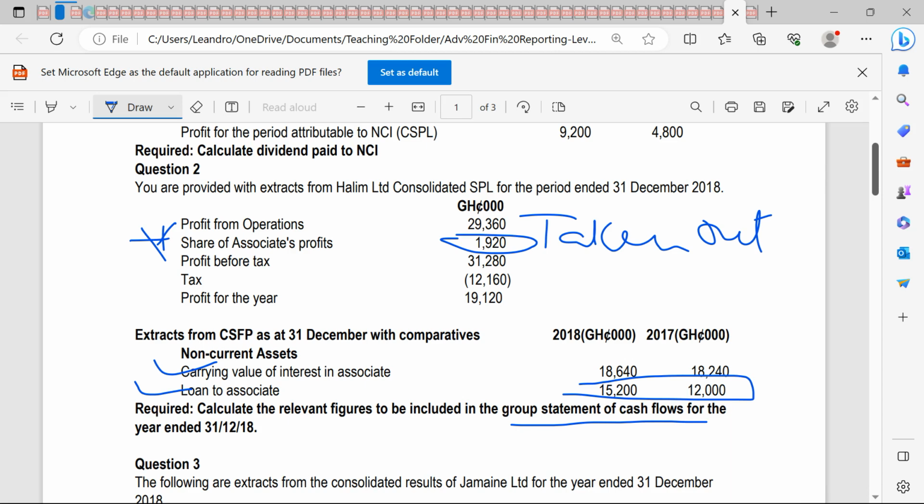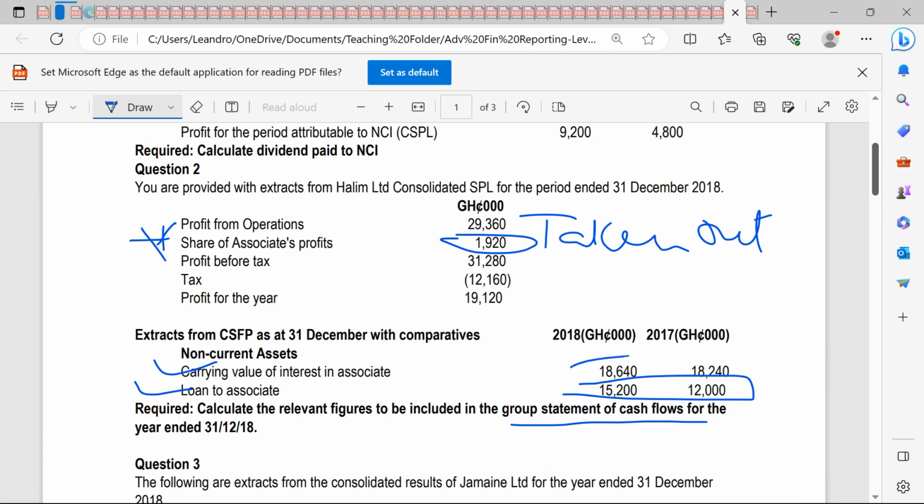So this is a cash flow, an additional loan given to the associate of 3,200, which means we are debiting loan to associate and crediting cash. So it's a cash outflow of 3,200.